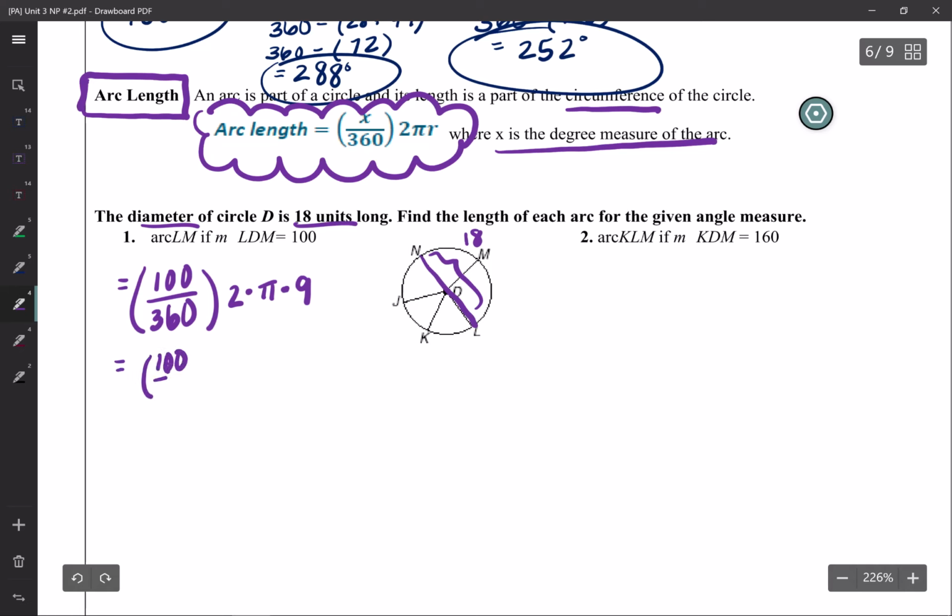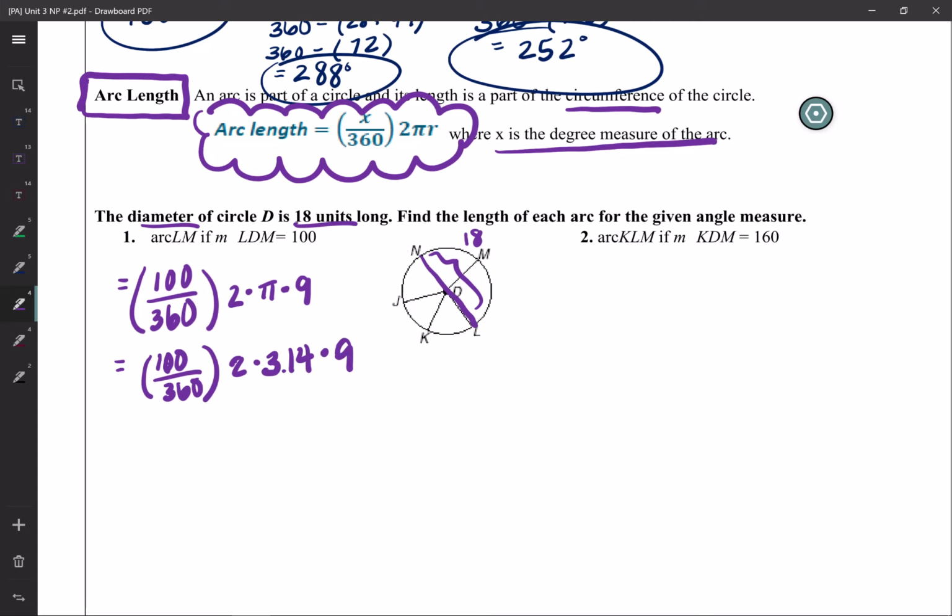You could either use the pi button or you could estimate pi to be 3.14. Those of you who want to keep it in terms of pi, you can, but it looks a little awkward because you're going to get a decimal from this fraction anyways.